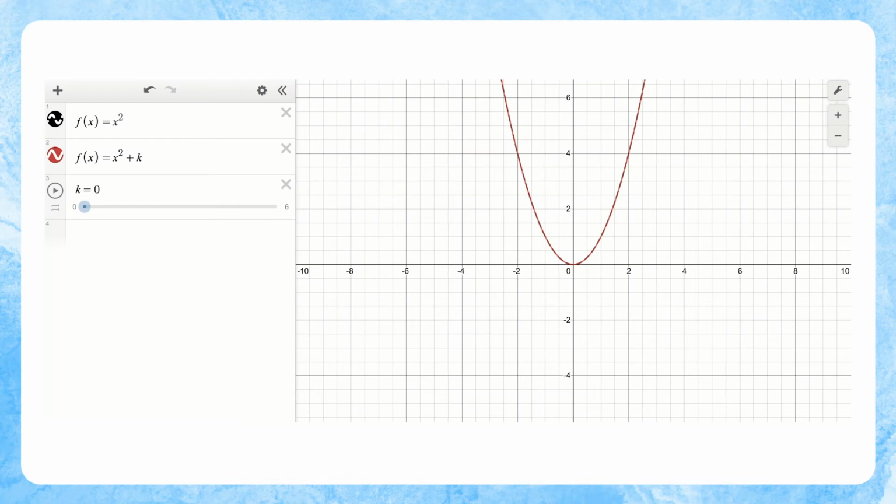So here I have my parent function, f of x equals x squared, and I also have the function f of x equals x squared plus k. Let's see what happens to the parabola as k gets larger, so as k becomes more positive.